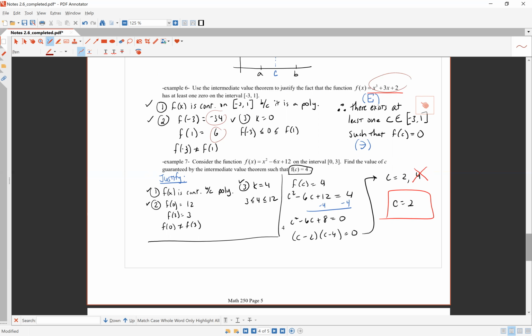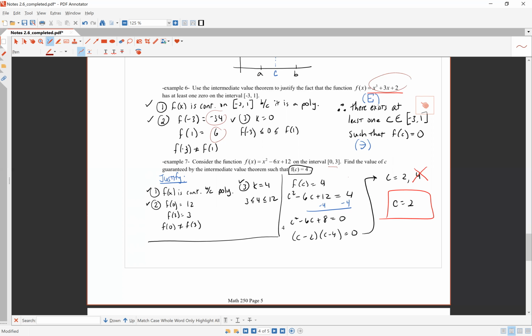Okay, here's another one: x squared minus 6x plus 17 on the closed interval 0 to 3. We want to use the intermediate value theorem to show that there's some C such that f of C equals 4. We'll just subtract off 4 from the function, so then you consider the function x squared minus 6x plus 13.